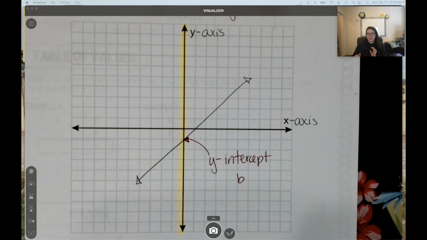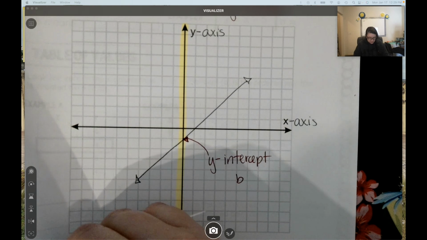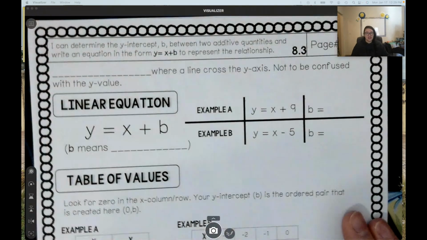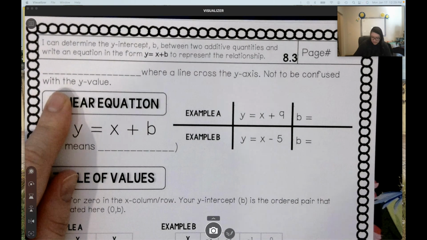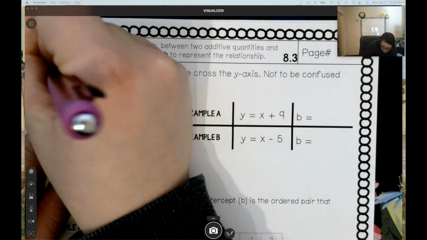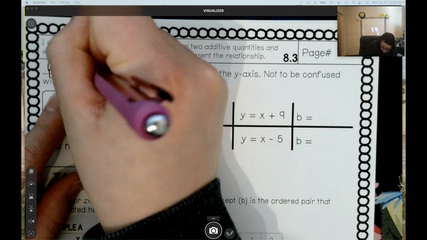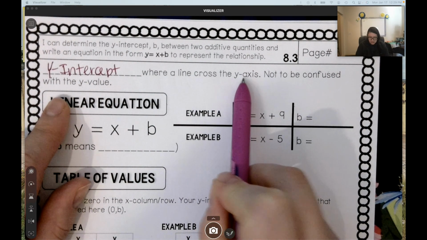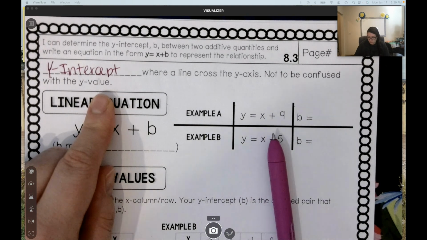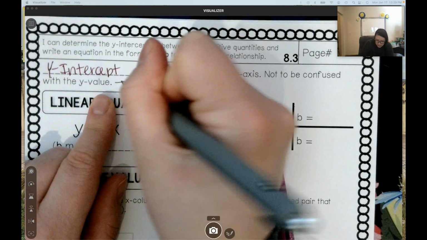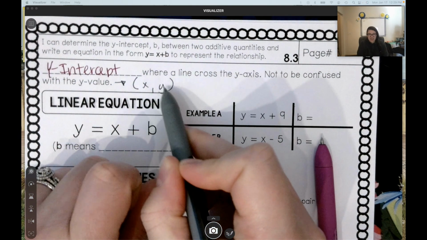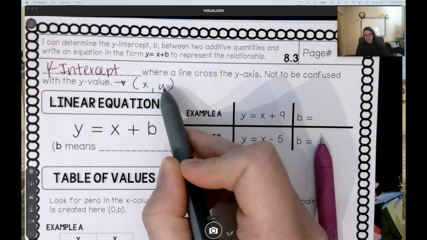Now that we've talked about all these ideas, let's put them in our notes. Additive relationships. Sorry, it's fun to say. So, again, our y-intercept is where a line crosses the y-axis, not to be confused with the y-value. The y-value is what we talk about when we graph points, when we have our coordinates x comma y, not on a table.